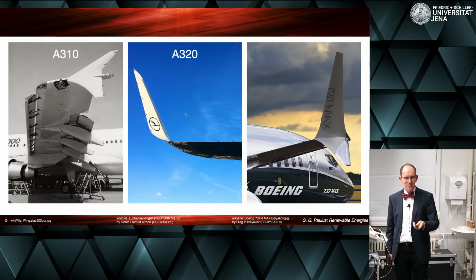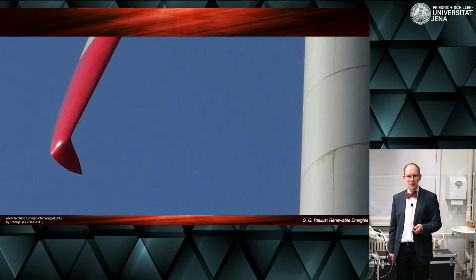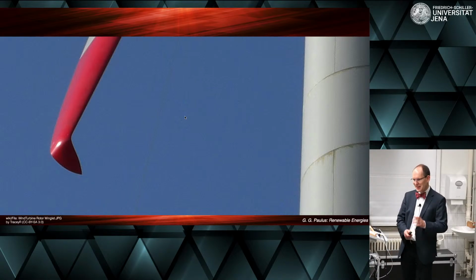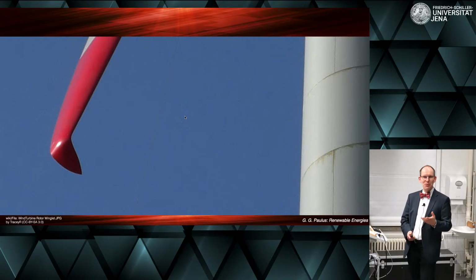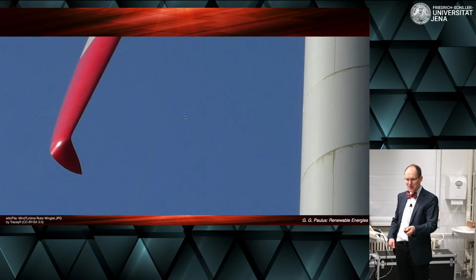And sure enough, also windmills have winglets. So they are very hard to see. And when I first gave this course 10 years ago or so, and read about tip losses, I wondered whether windmills actually have these winglets. I was looking for that.